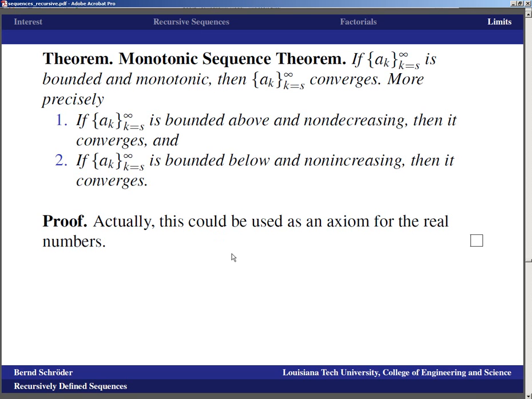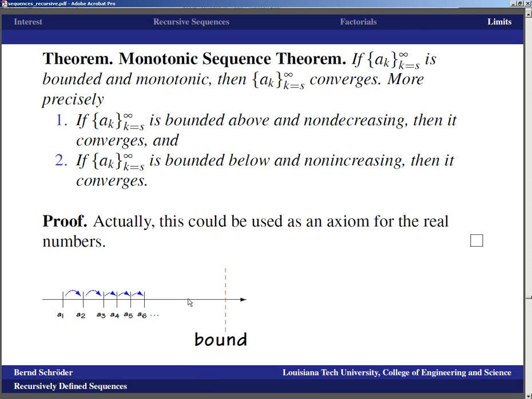In terms of a visualization, if we have a sequence of terms a1 going up to a2, going up to a3, going up to a4, going up to a5, going up to a6, and so on, and that sequence ultimately has a bound here somewhere, well, then it stands to reason that this growth ultimately has to peter out somewhere between the terms and the bound, and wherever it peters out, that's where the limit is.